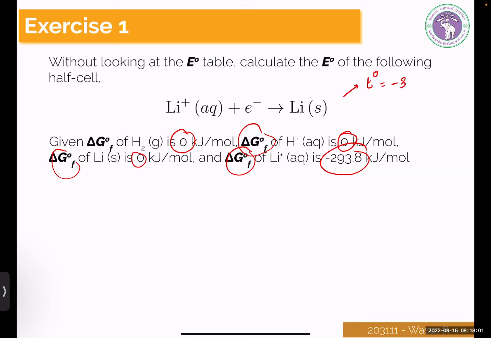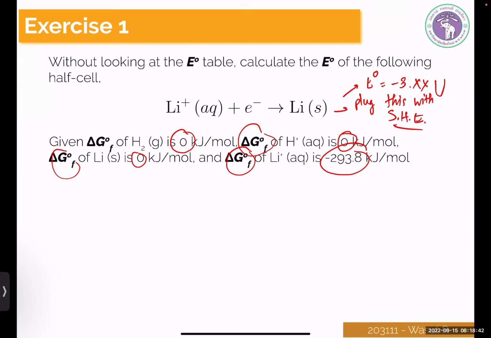Okay, how do I know the E naught of this cell? Basically, what I do is I plug this in with the SHE, right? What's the SHE? We talked about that yesterday. This is the standard hydrogen electrode, where we know that the voltage is 0 by definition.